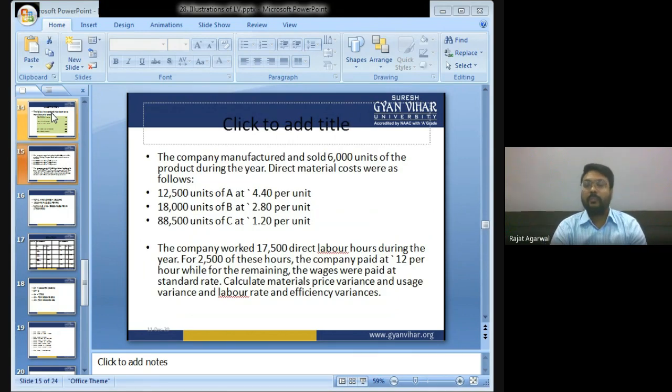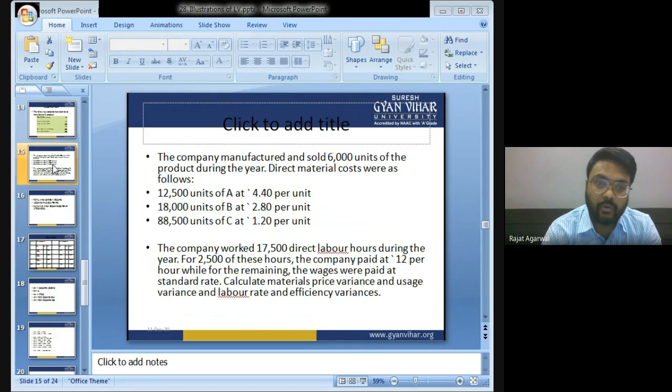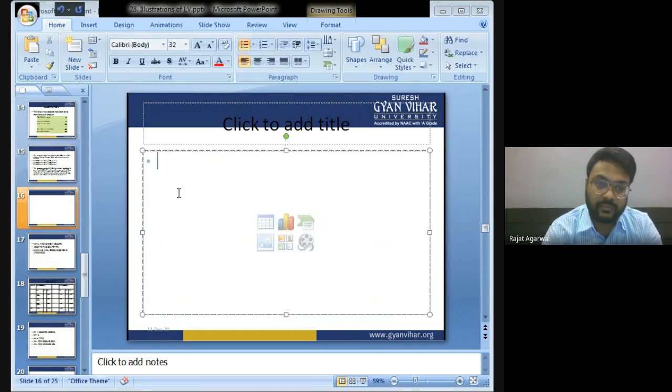You have to calculate material price and usage variance, and labor rate and efficiency variance. In this illustration, you have to calculate both labor variances as well as material variances. Now, first let us discuss the hours. I am explaining it once again.